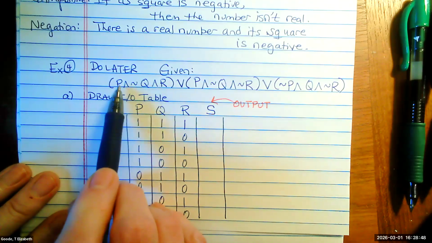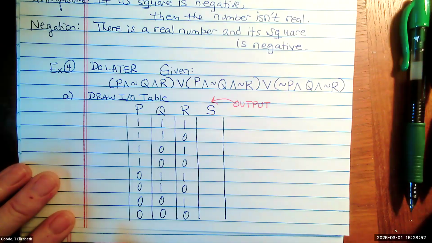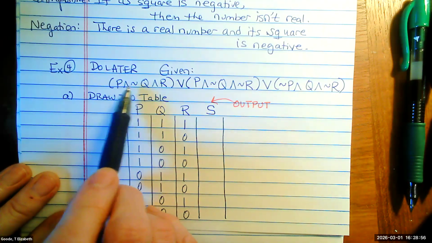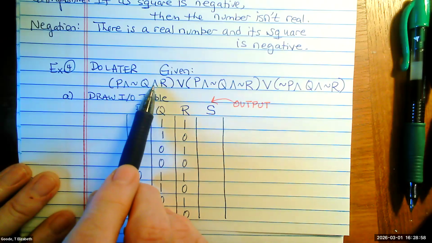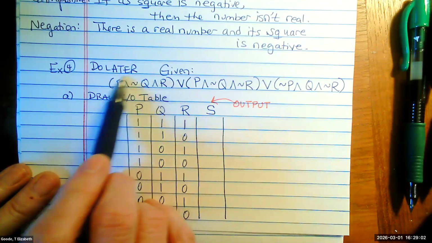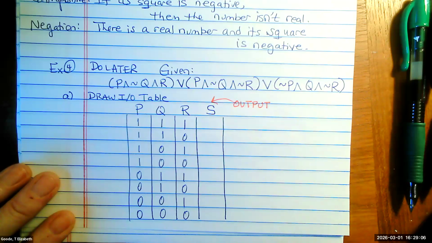Do you know what P and not Q and R means? Just assume it's true. P is true and not Q is true and R is true. Do you understand or intuit what this is saying about the input wires for P, Q, and R?